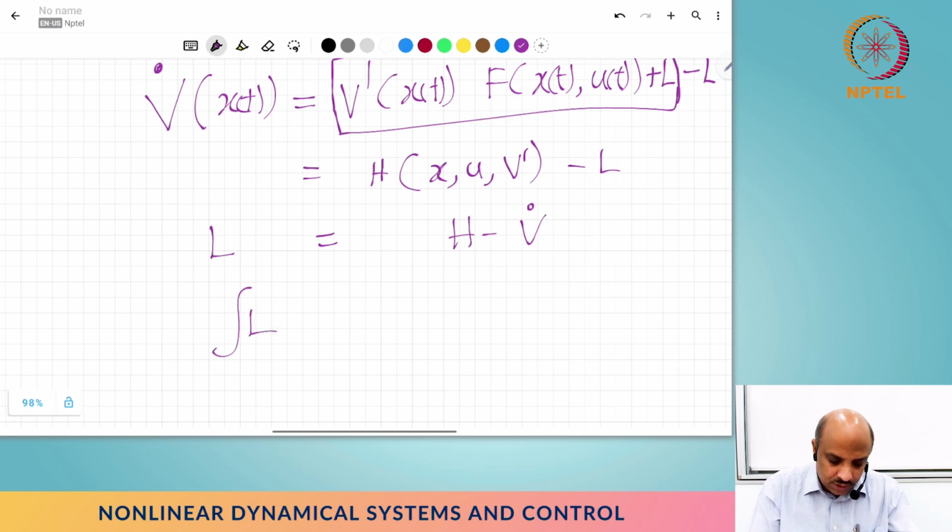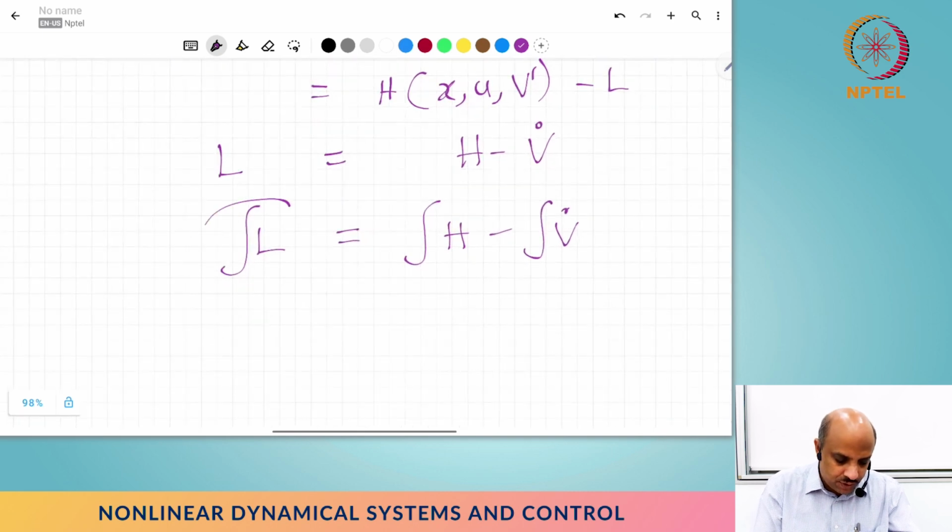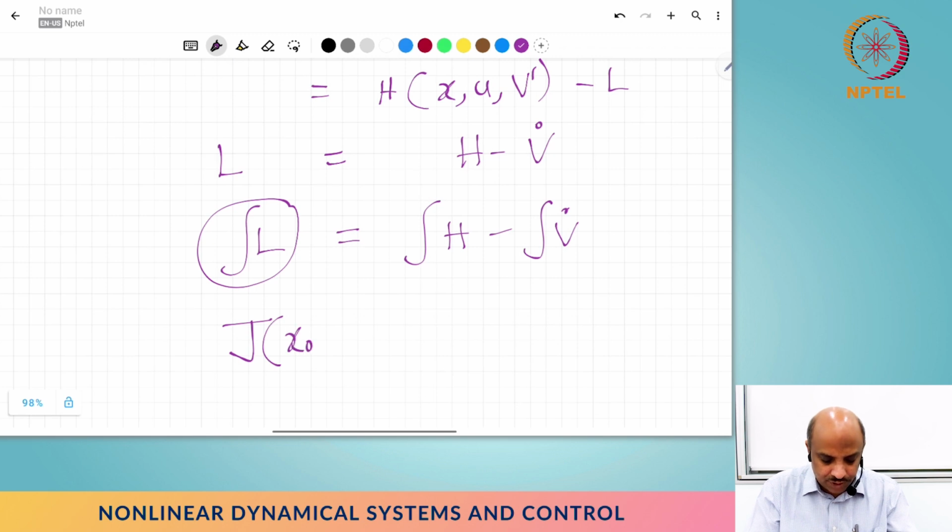Integral of L is integral of H minus integral of V dot. This of course is nothing but our J, which is going to be J of x0 comma u, for an arbitrary u.